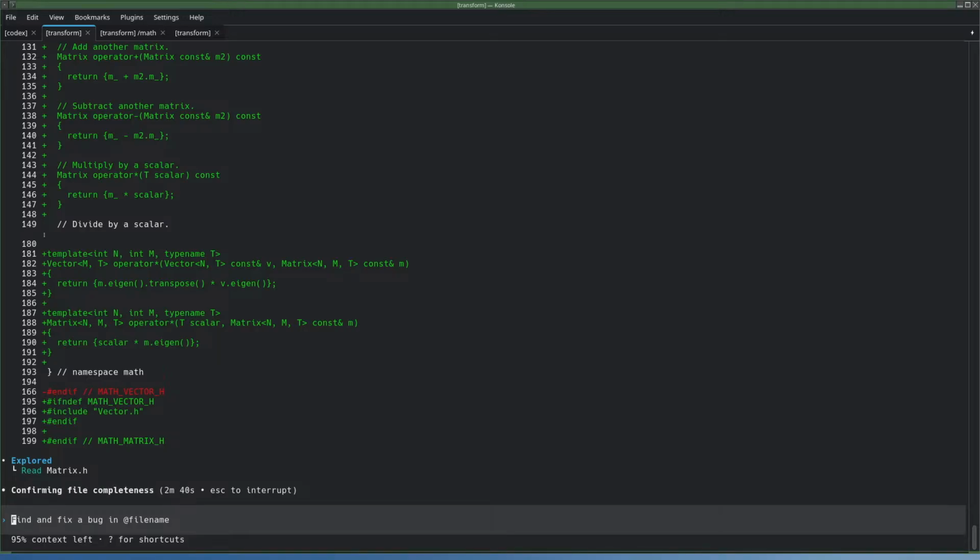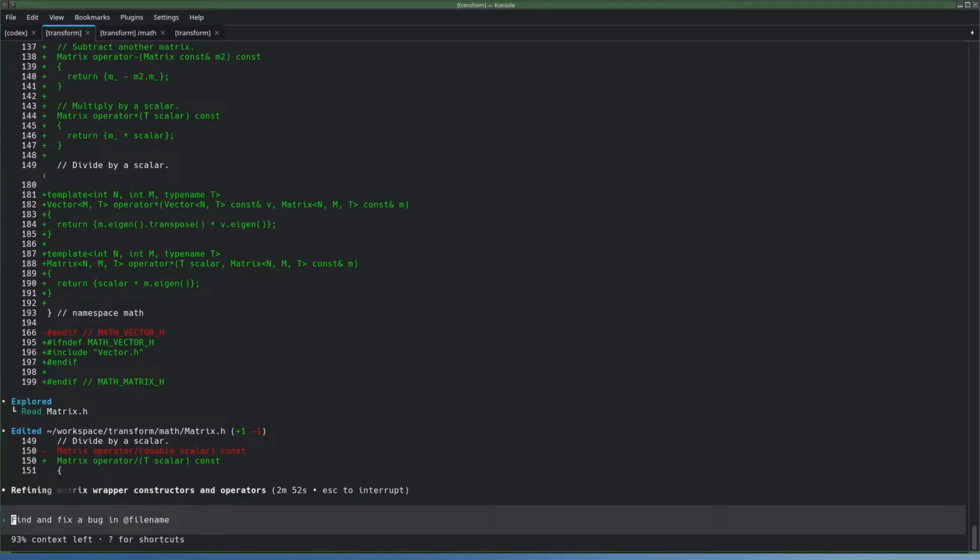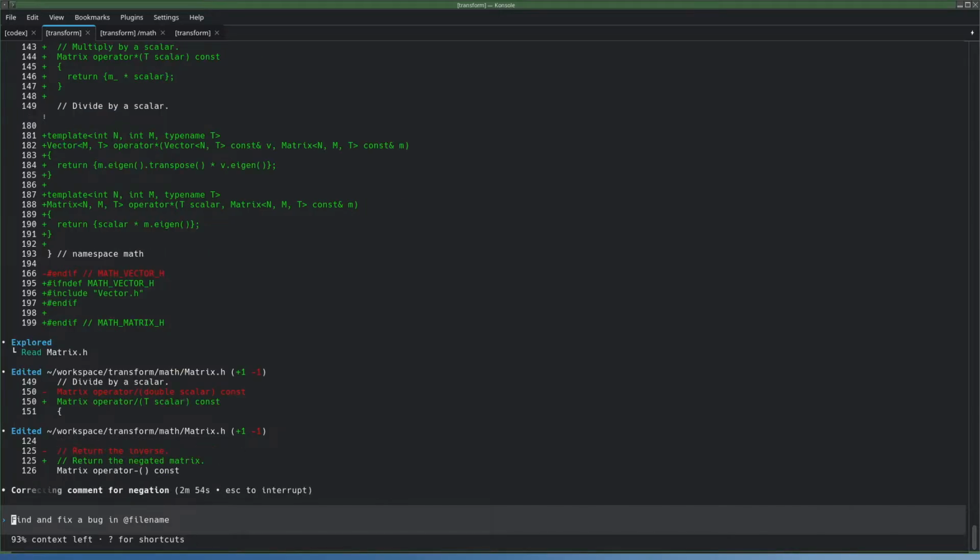I think I should just include vector at the top, because the vector is not depending on matrix. It's a matrix version later. So no reason really to use a forward declaration of the vector.